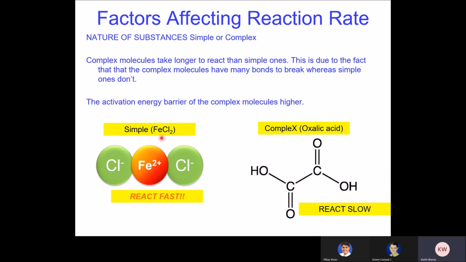Well, no. In solid iron chloride, the bonds are very strong, but it's in an aqueous solution, so the ions are just free to react. Are you talking about the iron chloride? In general, if there are fewer bonds, it would be quicker, yes. Fewer bonds to break.